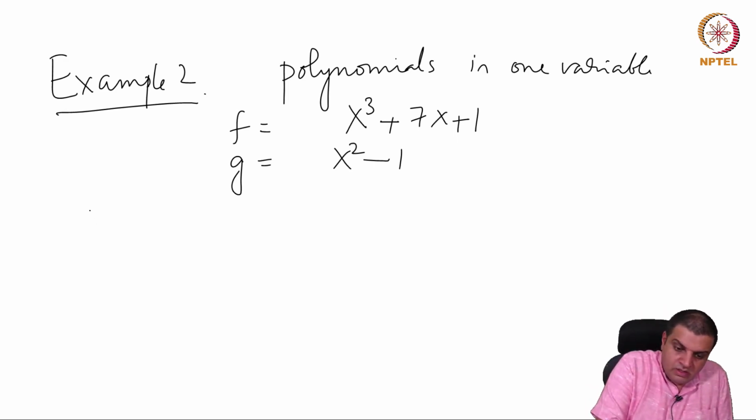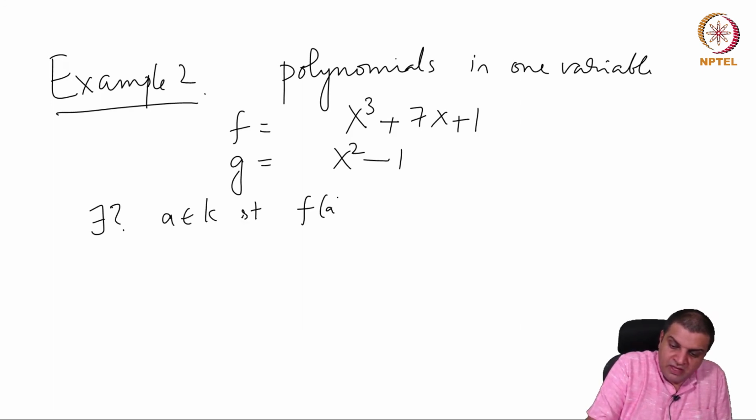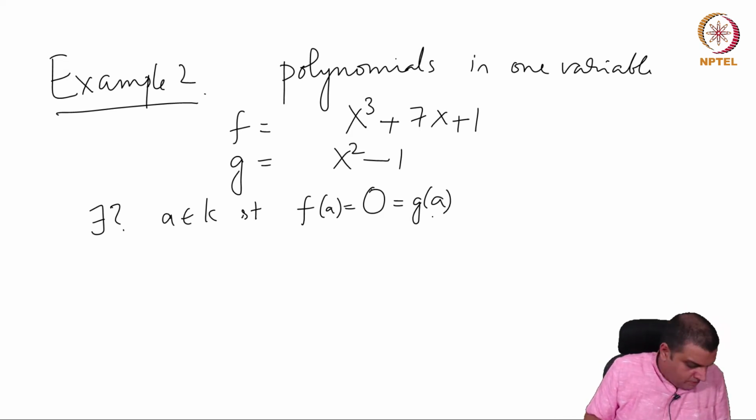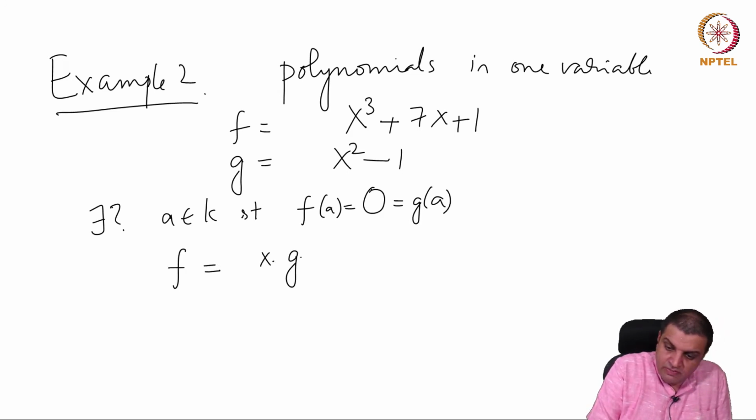Does there exist a point a in k such that f of a equals 0 equals g of a? That's what we would like to answer. And so we would do the division algorithm here. We would write the division algorithm as f equals x times g plus 8x plus 1.